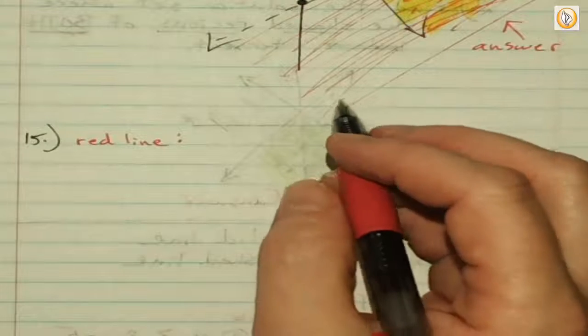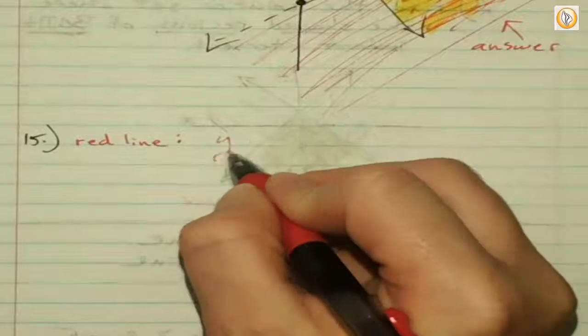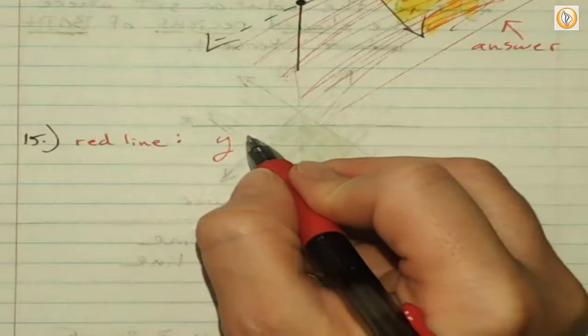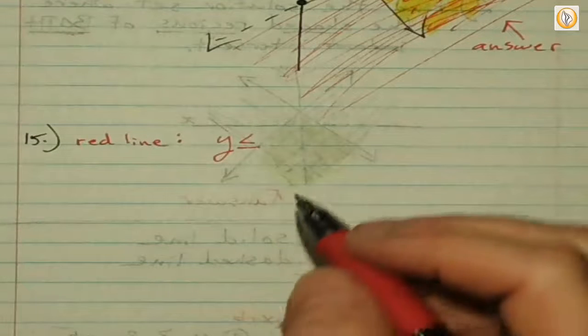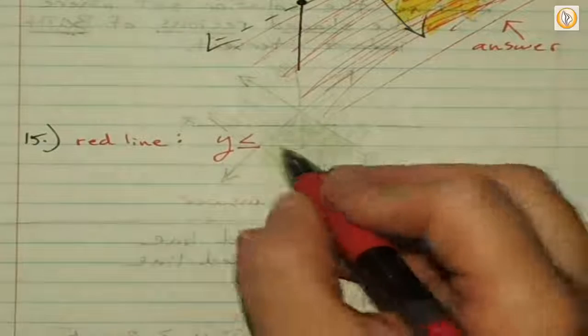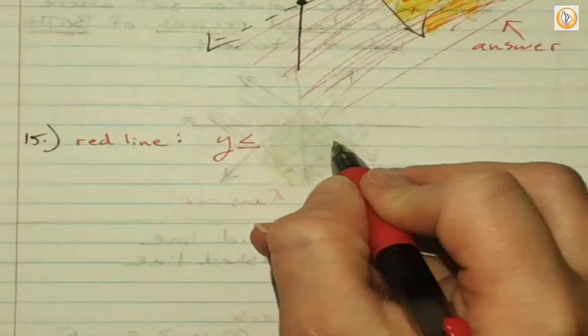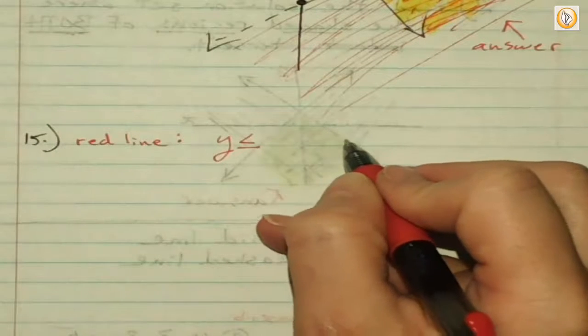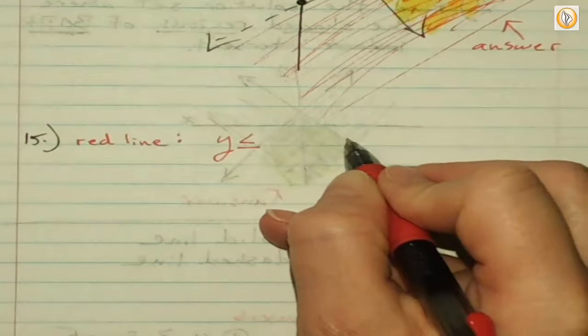Below or above? Below. So we know it's y, it's always going to be y. And it's shaded below, so we know it's less than or equal to. Right? Okay. And then, what is the y-intercept? The red line, the y-intercept is positive 1.